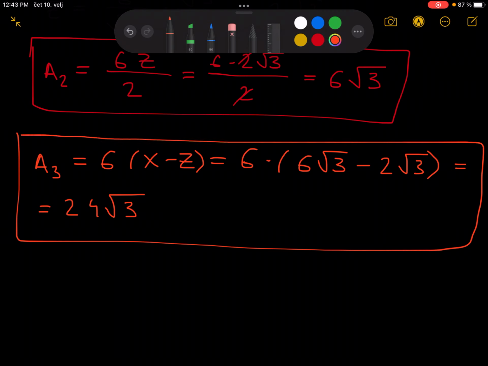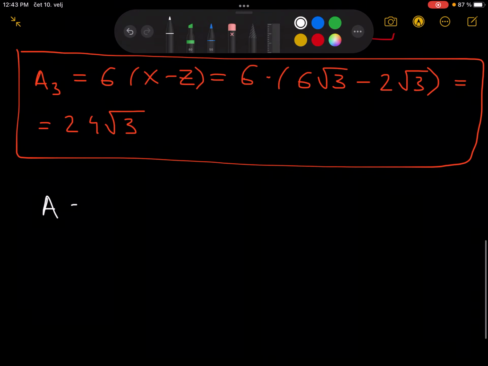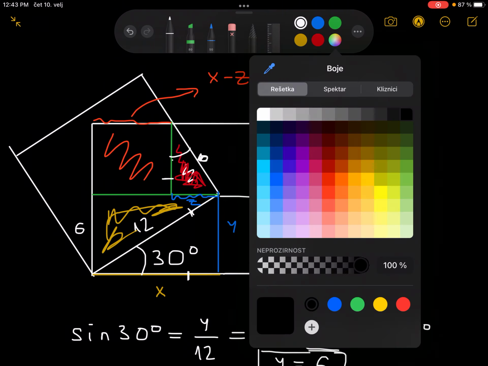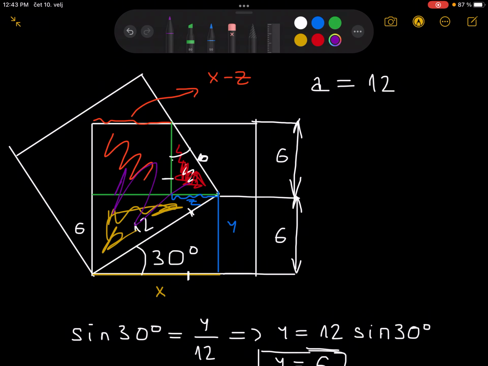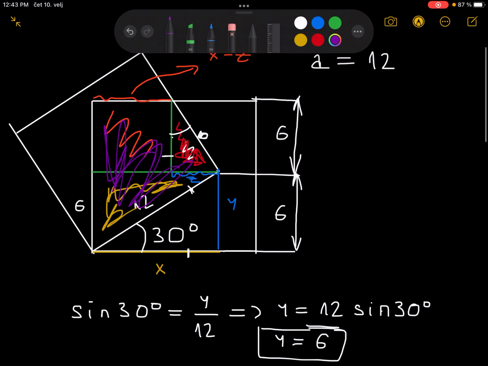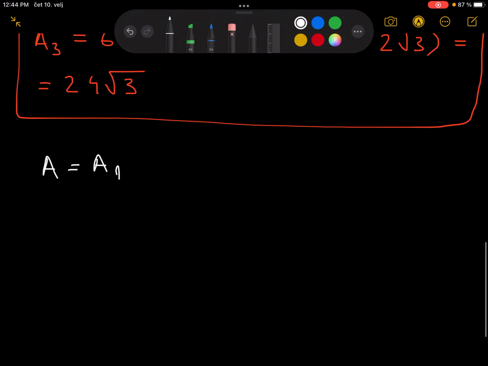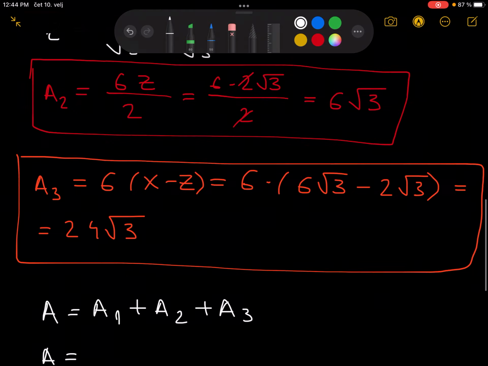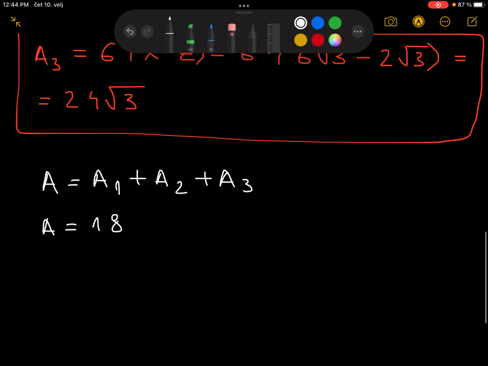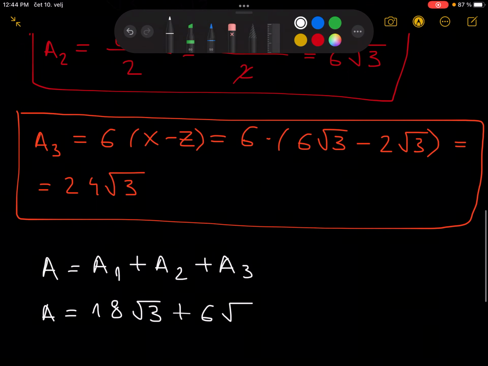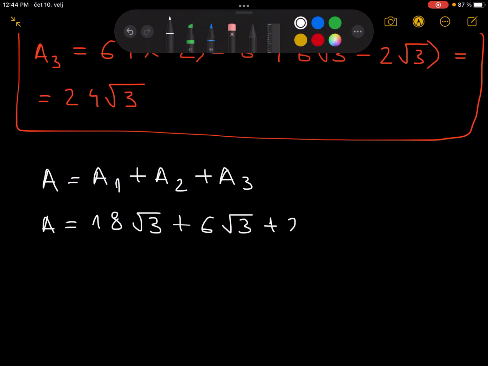And our complete answer is going to be that the area of this complete shaded figure, I'm now shading it in purple, is going to be equal to area 1 plus area 2 plus area 3, or the area is equal to 18 times the square root of 3 plus 6 times the square root of 3 plus 24 times the square root of 3.